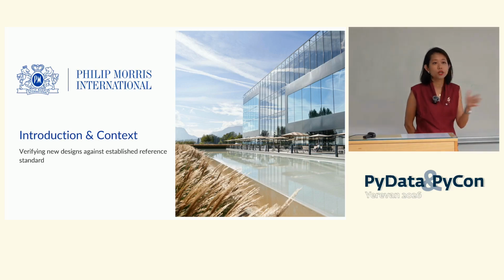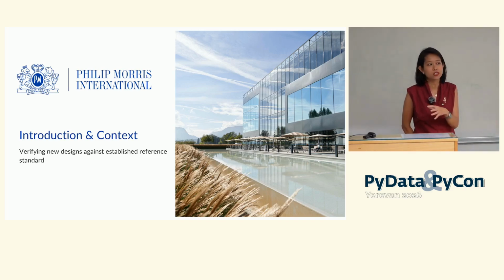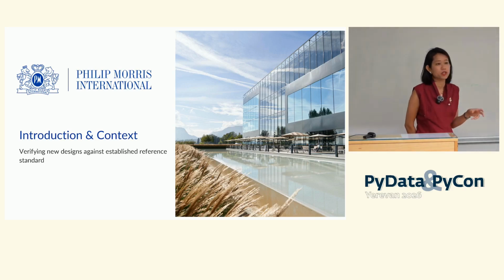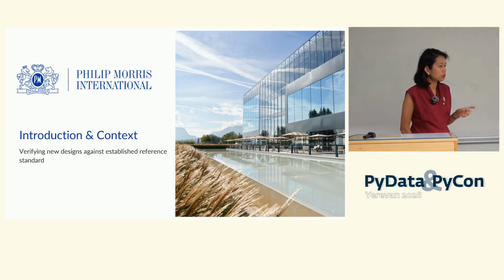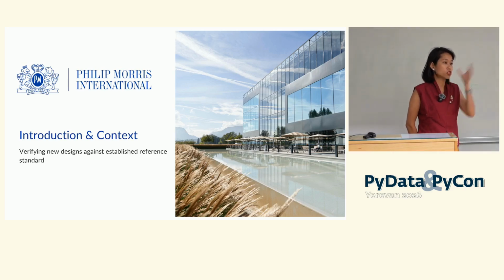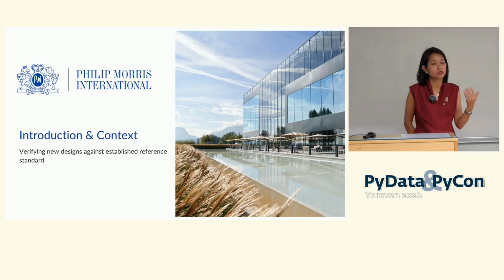Because as we are moving away from the conventional cigarette and moving to the smoke-free product, we introduce all this advancement using technology, and that's where our approach is getting closer and closer to any engineering industry, where we try to verify new designs more rigorously. And when I say designs, it's not just the look of it. It includes as well the changes of the supplier, the changes of the heating technology and so on, against what we determine as a reference standard.